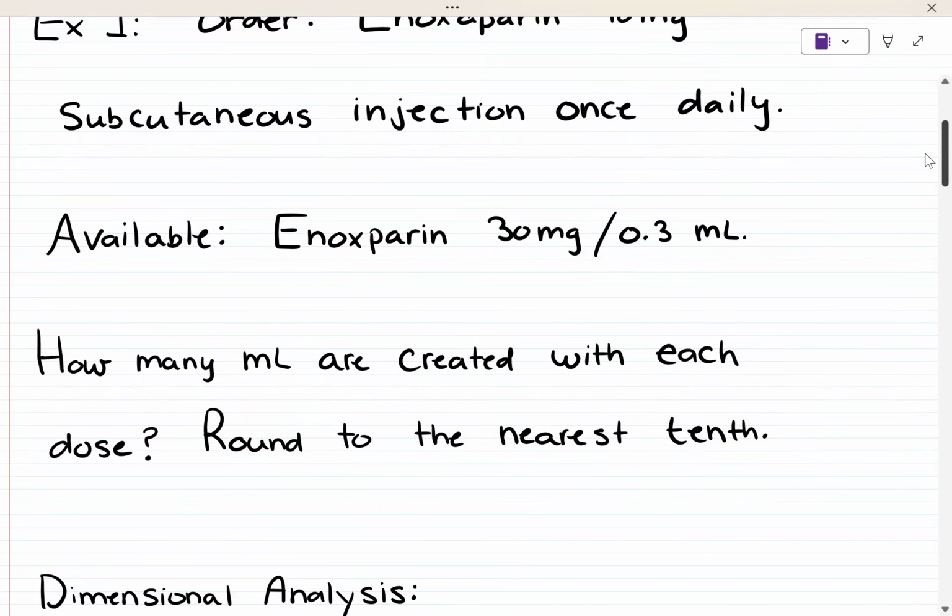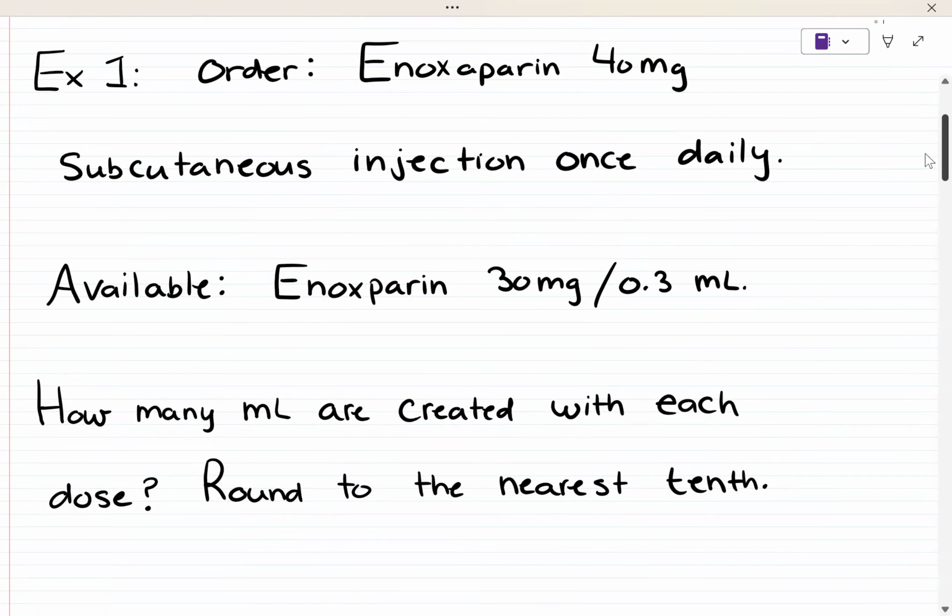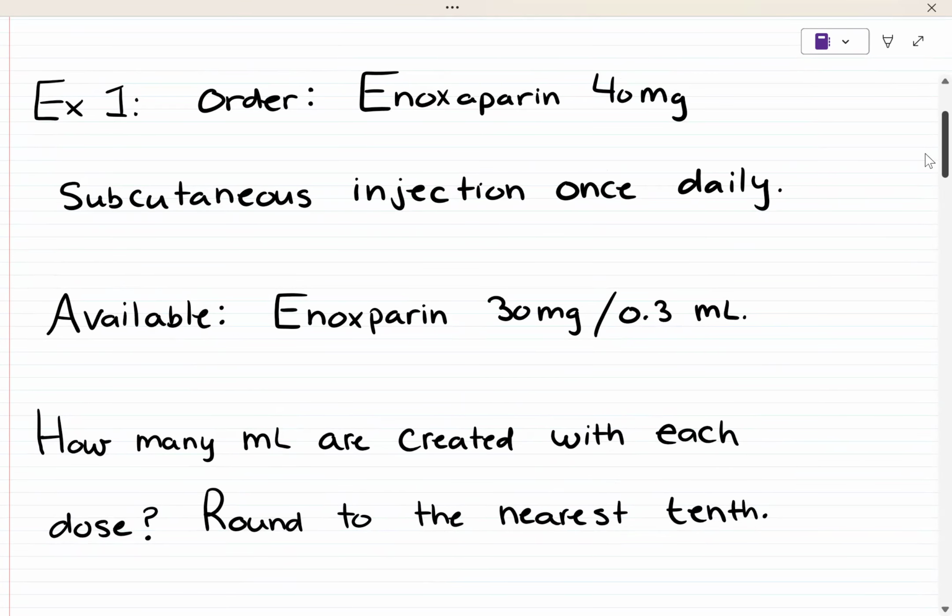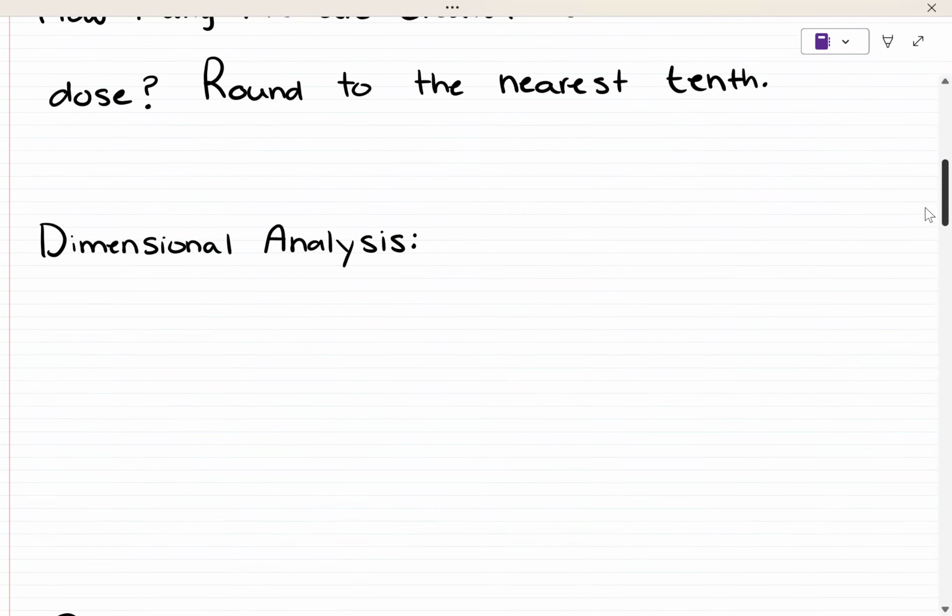We have an order of enoxaparin 40 mg subcutaneous injections once daily, and our available is enoxaparin 30 milligrams per 0.3 milliliters. Let's start with dimensional analysis.